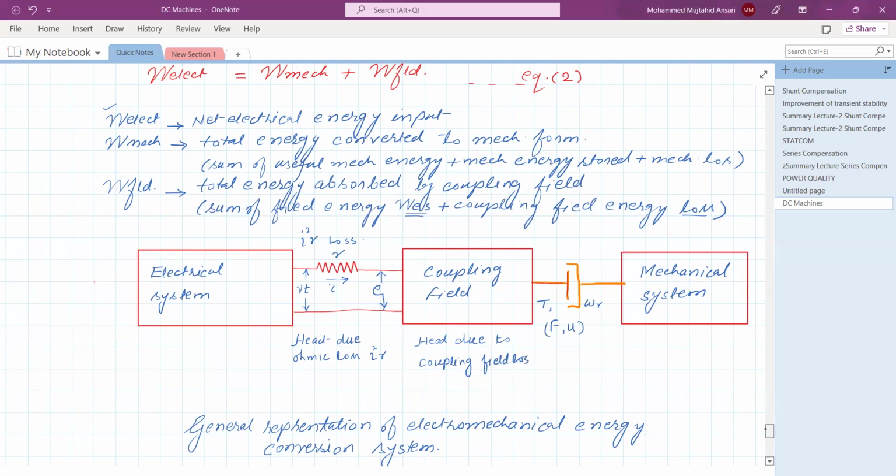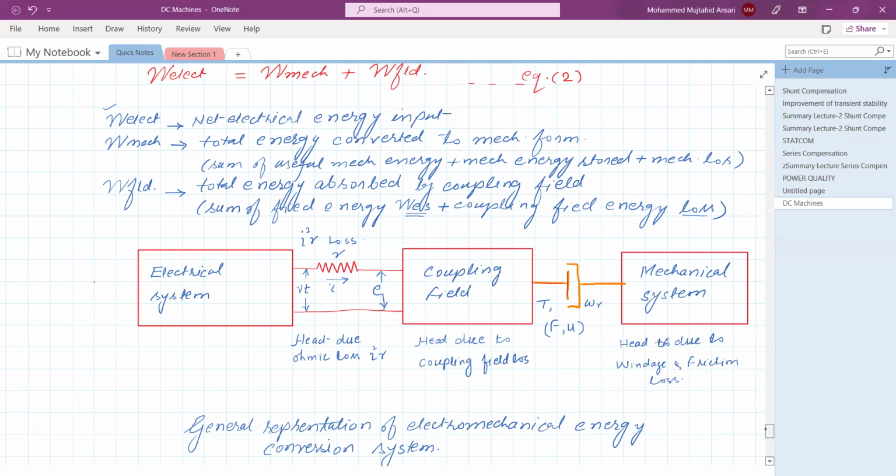Now, when there is friction and windage loss, again heat is produced, heat due to windage and friction loss in the mechanical system.